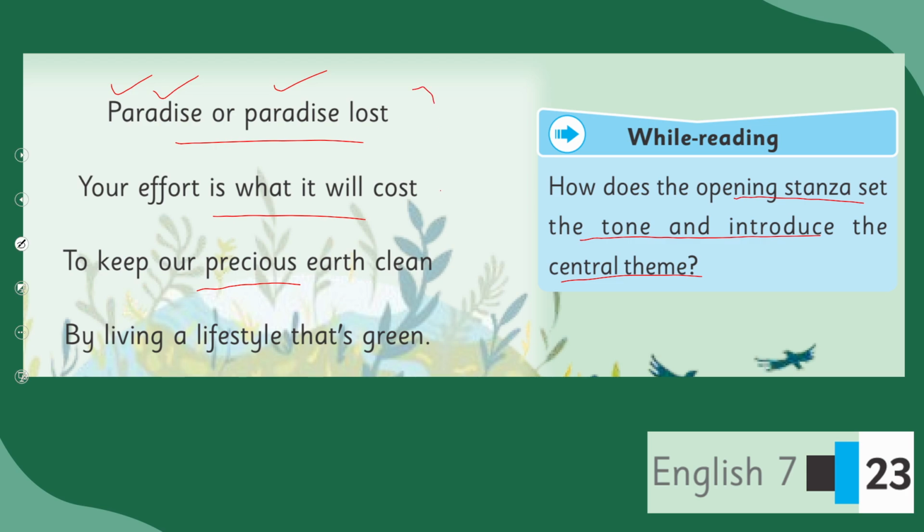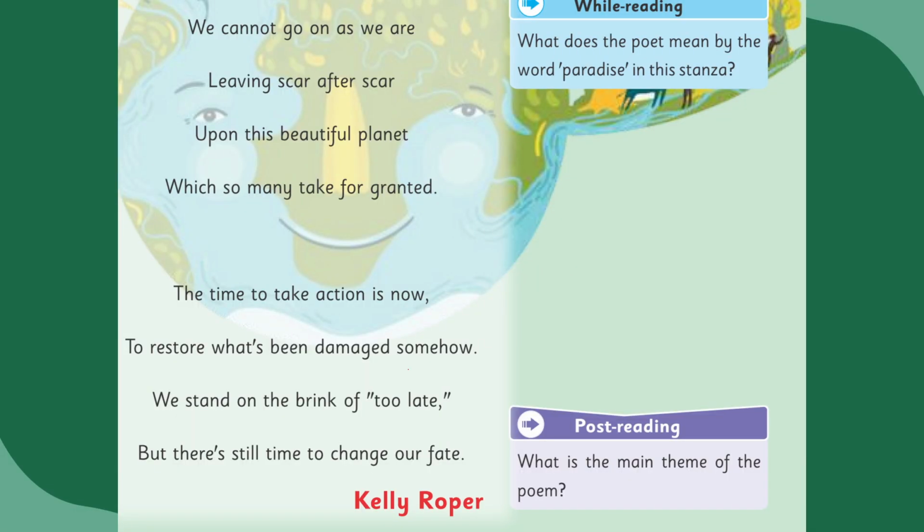The poet is saying that the earth is damaged. We will be losing our paradise if we do not take any action. So the theme is about actually environment conservation and protection of the earth, to which the poet calls paradise. So environmental conservation, protection is the main theme over here.